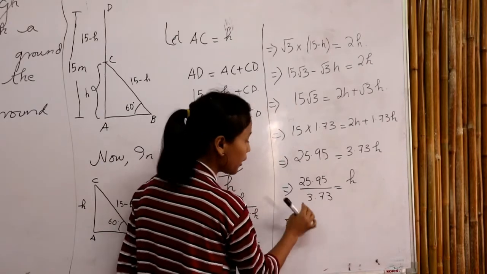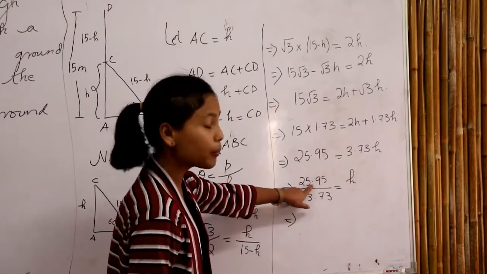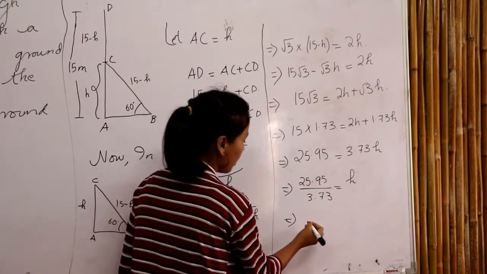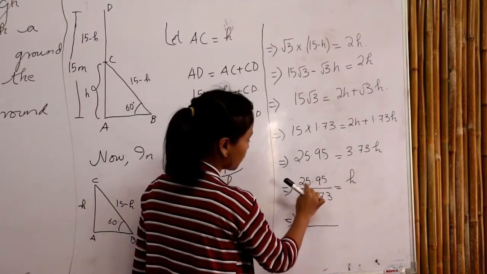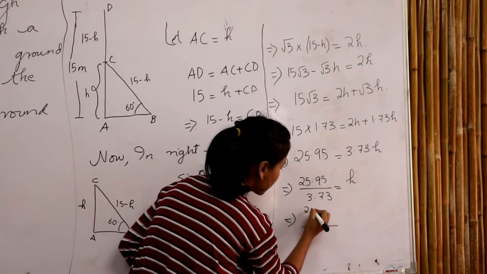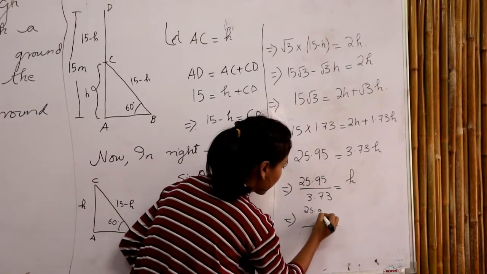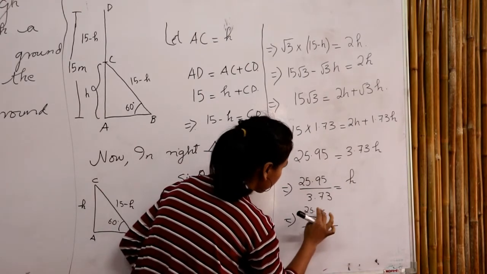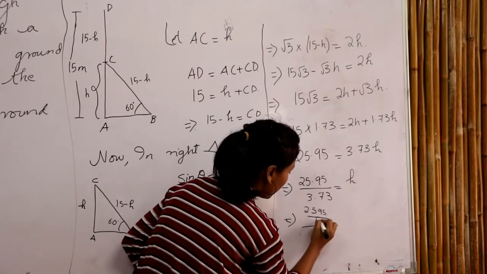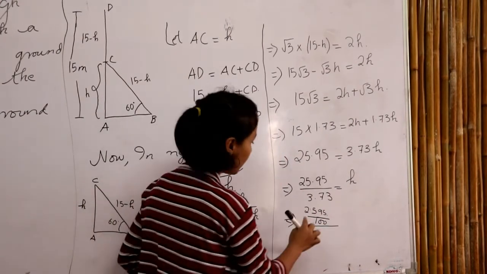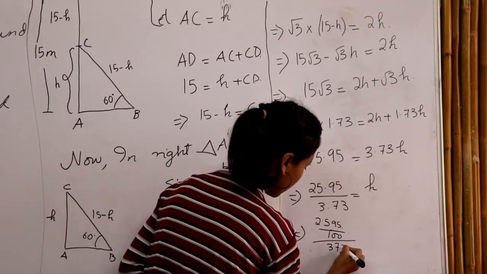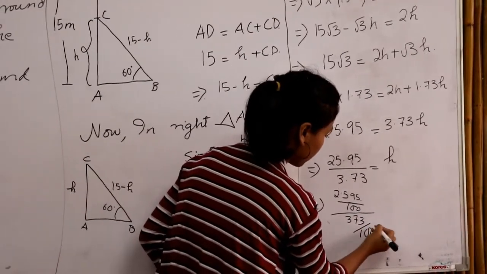Alright, now to divide this one, you see that there is a decimal point here. Let us first remove this decimal point. We know that 25.95 can also be written as 2595 divided by 100, and 3.73 can also be written as 373 divided by 100.